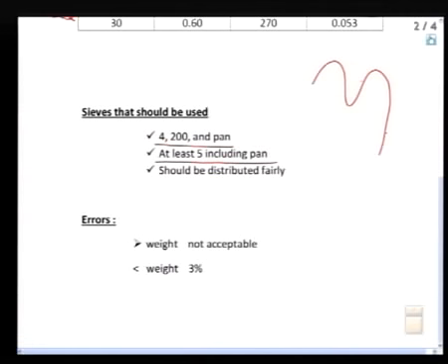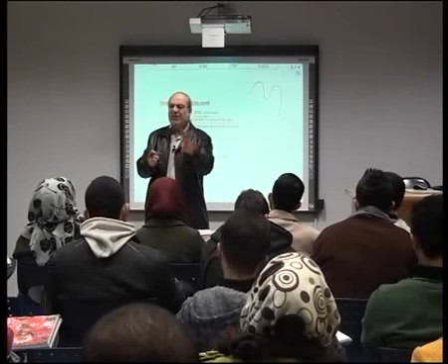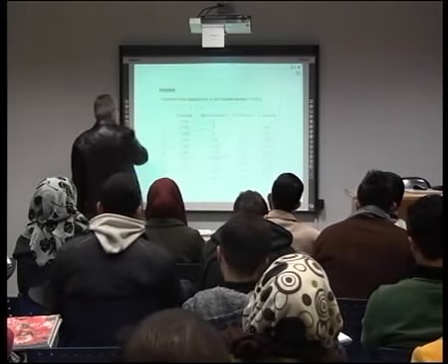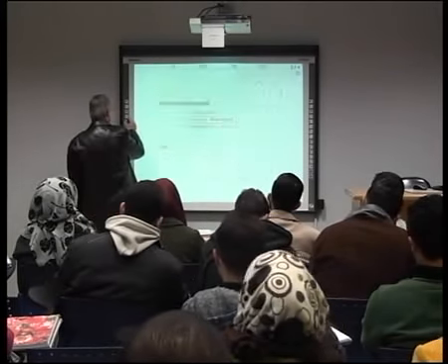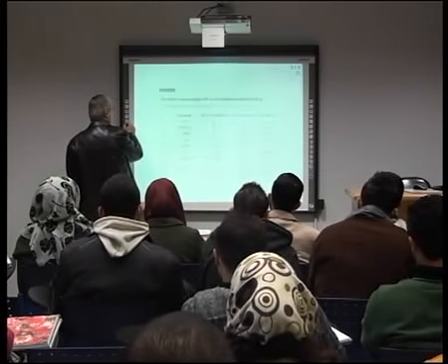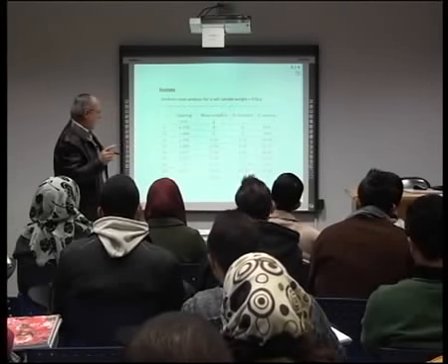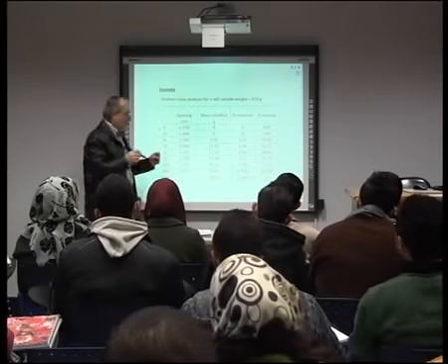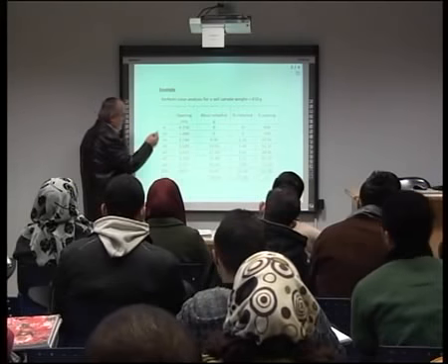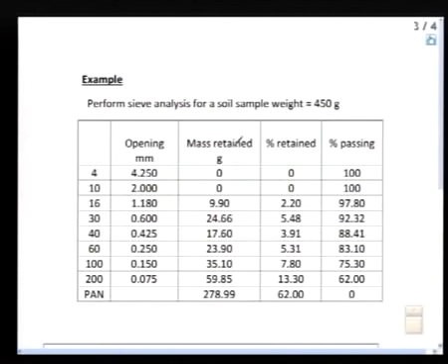Let us say 7. We take from them 4, 200, pan. So we need another 4, right? But we have to distribute them in a good way. Like, for example, if we go back to where we were. Now, if we go to number 4, for example, if we have sieves and then we distribute it like number 4, number 10, number 16, number 30, number 200.